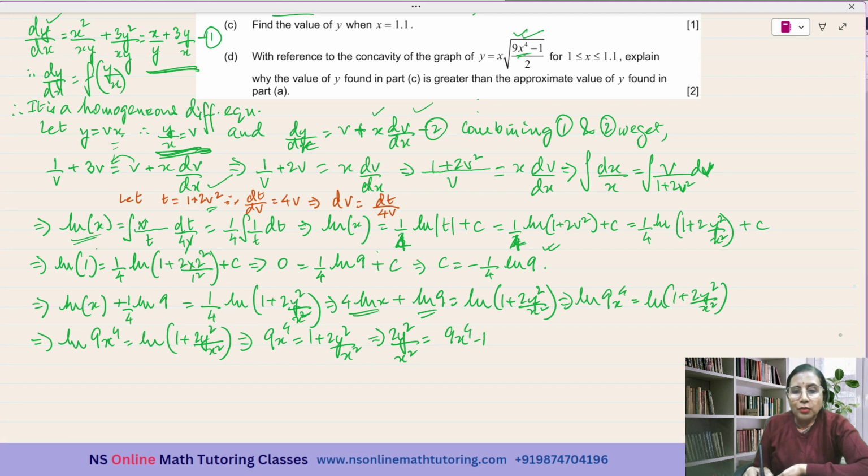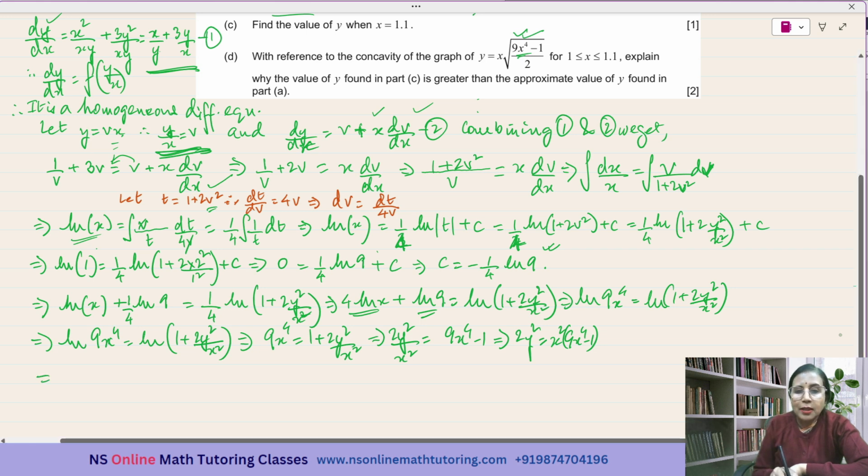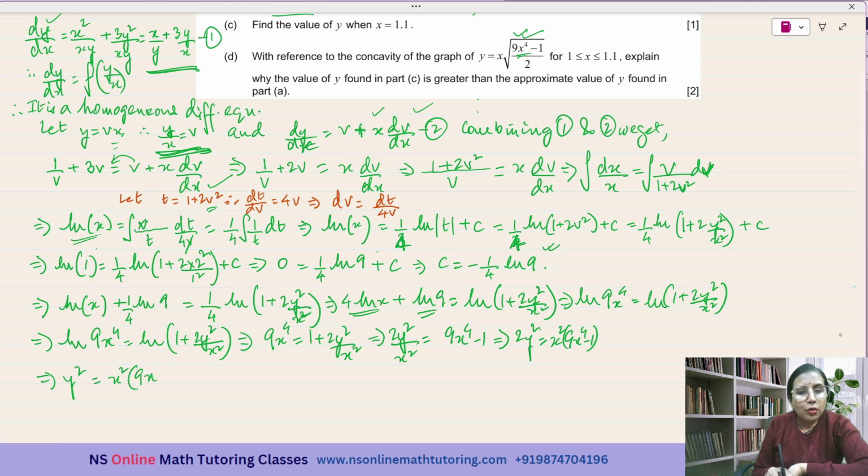And so this is 2y square is equal to x square times 9x to the power of 4 minus 1. And this is y square is equal to x square times 9x to the power of 4 minus 1, over 2.